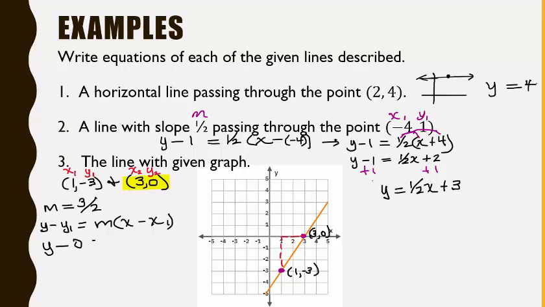So y minus 0 equals m, which is 3/2, times the quantity x minus 3. And distribute. So y minus 0 is just y, equals 3/2 x minus 9/2, or minus 4.5. So it turns out that the y-intercept was right in the middle between -4 and -5.